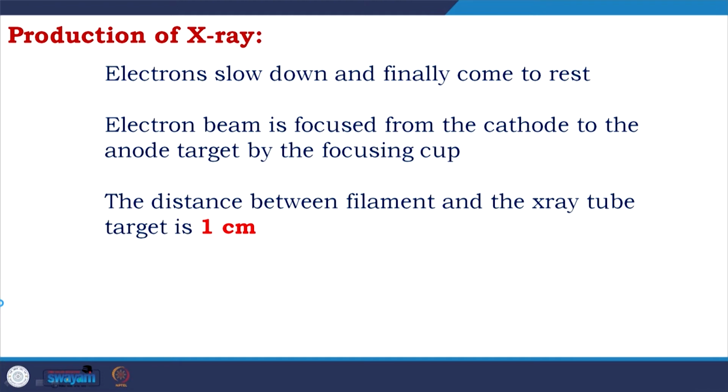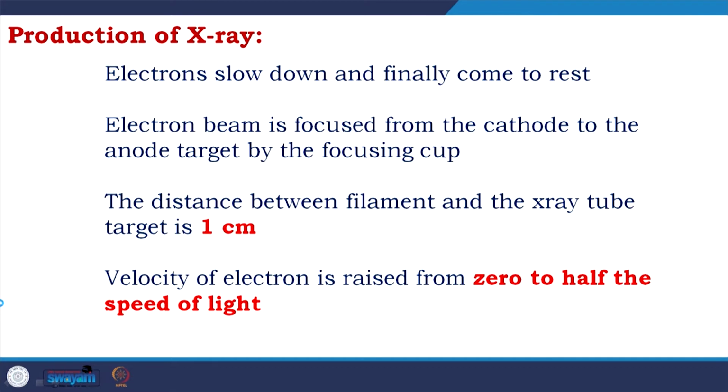The distance between the filament and the X-ray tube target is 1 centimeter, and suddenly the velocity of the electron rises from 0 to half the speed of light. So, first we produce the electron, then focus it from the cathode, and the velocity of the electron is high.